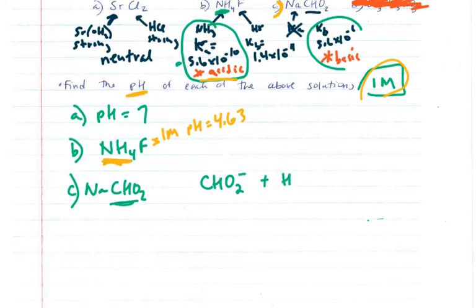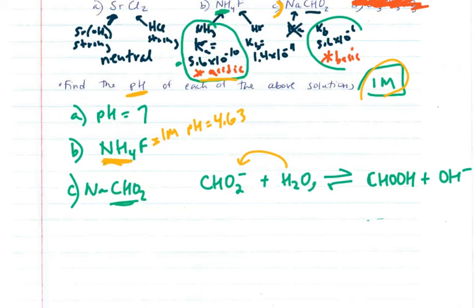It's going to react with water, accept a proton from water and form, let's say, CHOOH, it's just how I'm going to write that, plus OH minus. So it acted as a base, it accepted a hydrogen from the water, and then it became CHOOH and left us with OH minus.